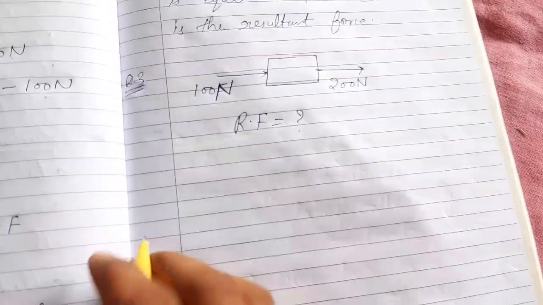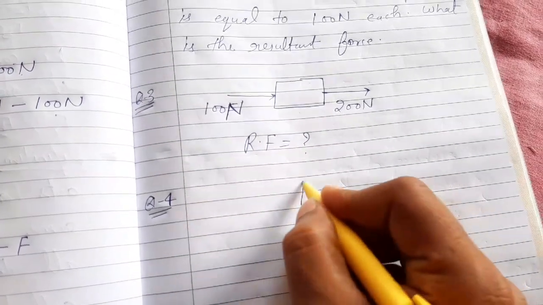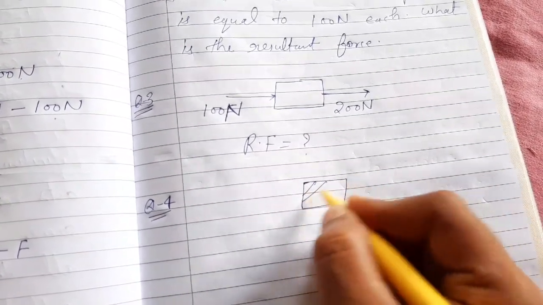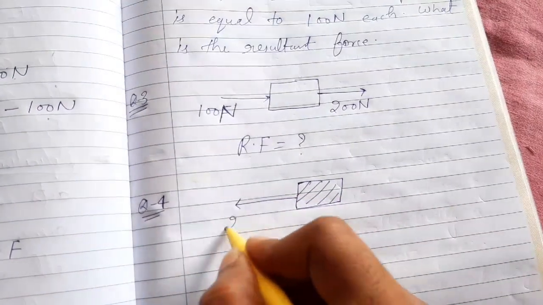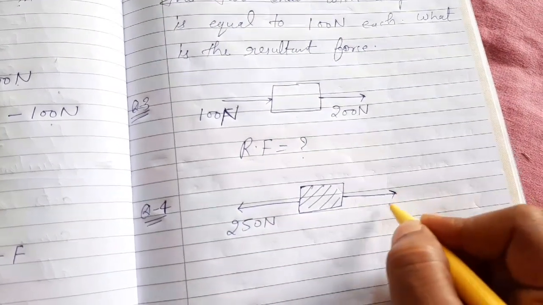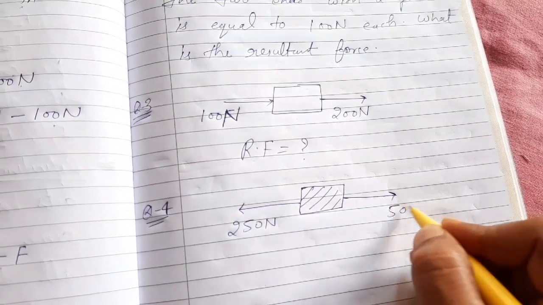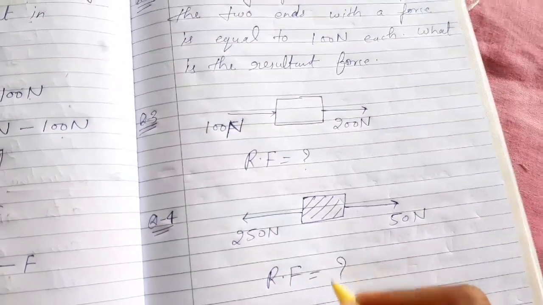Question number 4: this is the object, a 250 Newton force from this direction and a 50 Newton force from this direction. What is the resultant force in this question?